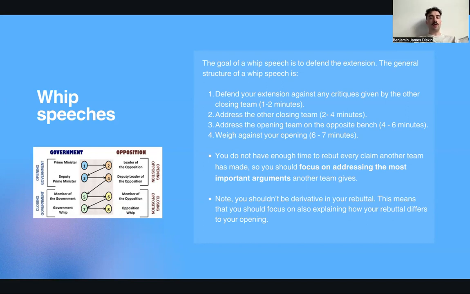The final thing I'll encourage everyone to keep in mind about whip speeches is that whip speeches need to ensure that they don't focus on every single reason given by another team. And that's because there's 6 other speakers not on your team, and 6 times 7 is 42. And it's very, very unlikely that you can address 42 minutes worth of material in 7 minutes, even if your member does some of the rebuttal as well.